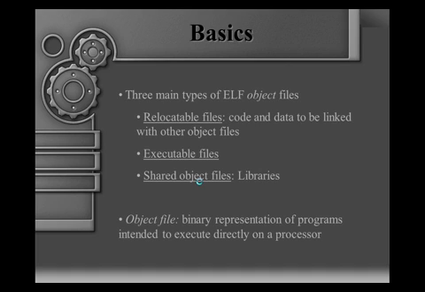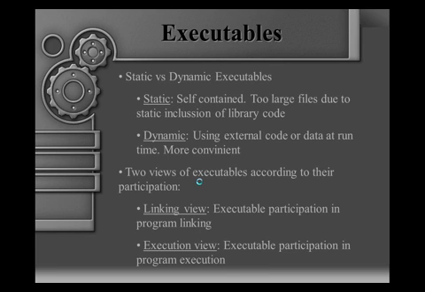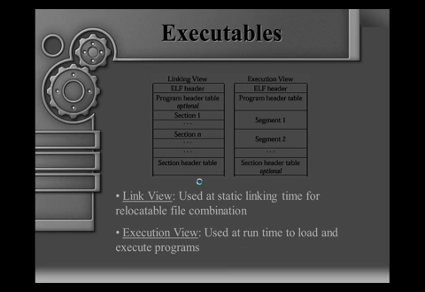First of all, whenever we convert the high level language into binary level language, a new file is created. That file is known as the object file. That is a binary representation of the program that is ready to execute, or intended to execute directly on a processor. Means there is no requirement to convert it into bits. It is already in binary form. That is an object file.